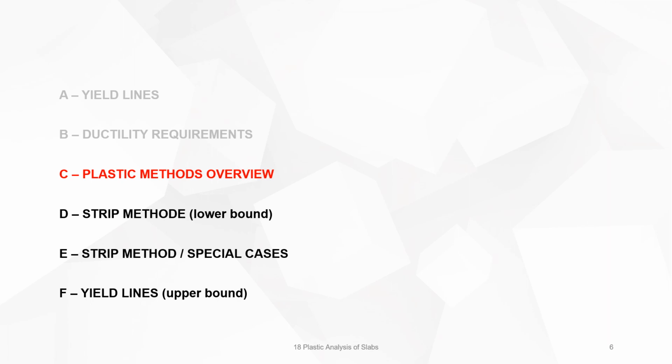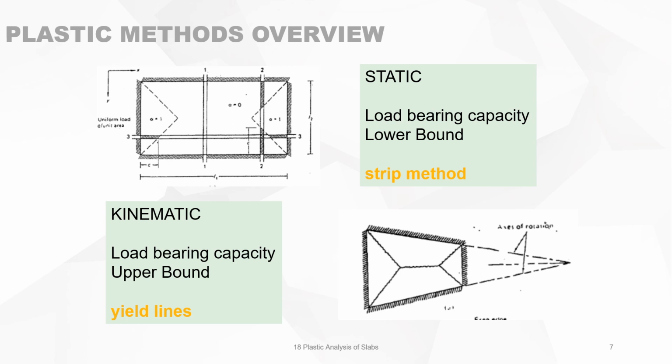We will now have an overview of the plastic methods of calculating bending moments for reinforced concrete slabs. You can divide them into two main groups. The first one is the static method.